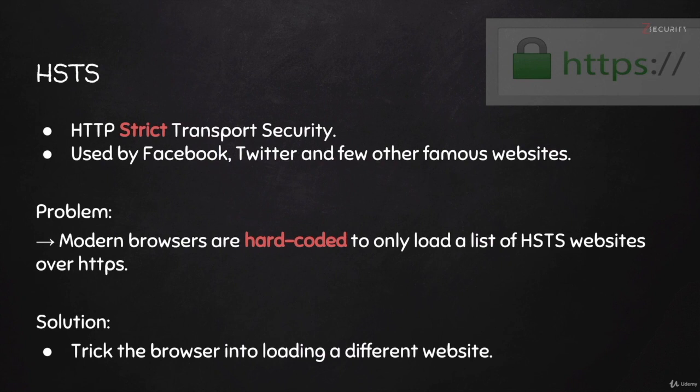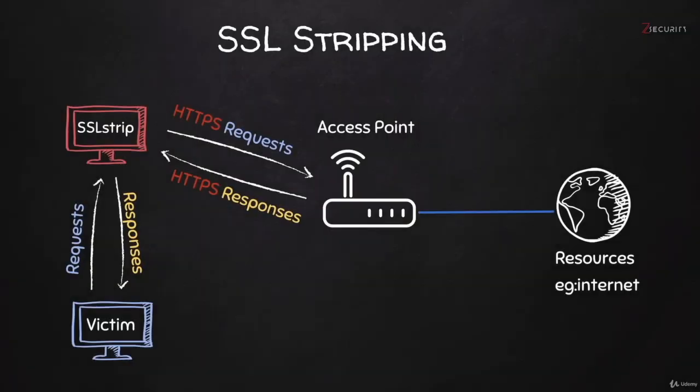The reason why it won't work against these websites is that modern web browsers come with a list of websites that they should only load over HTTPS. See, what we were doing in the previous lecture, whenever a browser requests a website, we load that website even if it uses HTTPS, but we always give him back the HTTP version.